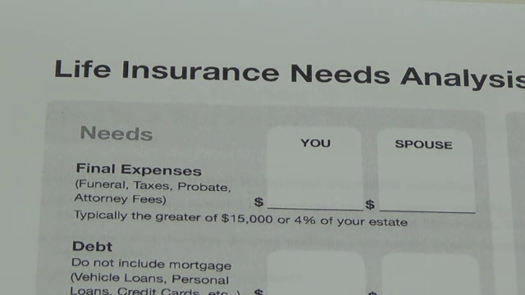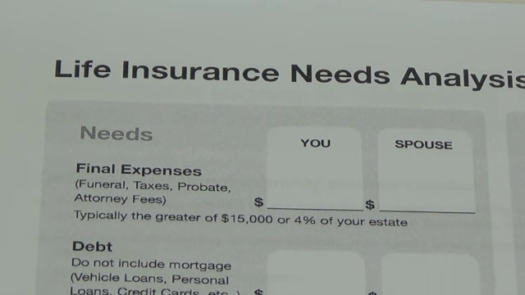Also in final expenses, you may want to think about any medical expenses that would be there. If you die suddenly of a heart attack, there may not be medical expenses.